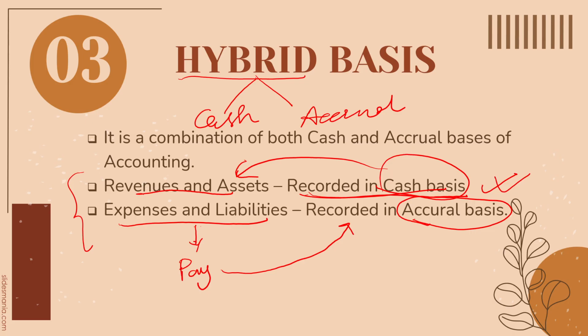Expenses and liabilities are something that you pay, which is why they are recorded on the accrual basis. Revenue and assets are something that is received by you, so they are recorded on the cash basis. I hope all three methods are clear. The first method is cash, the second is accrual, and the third is hybrid.